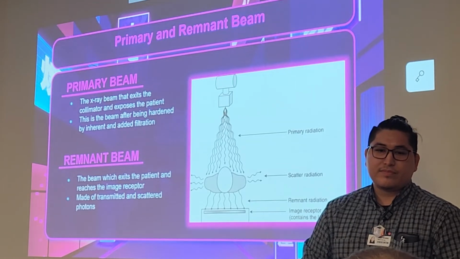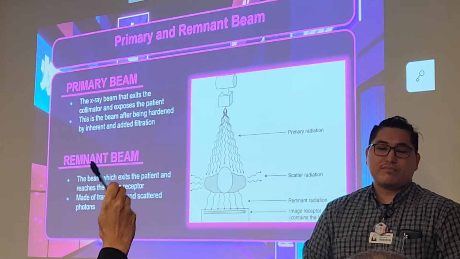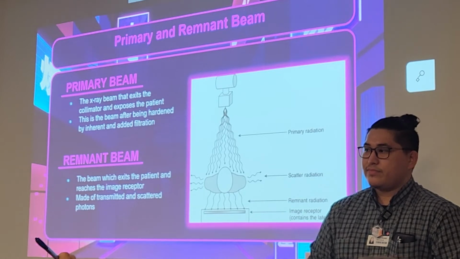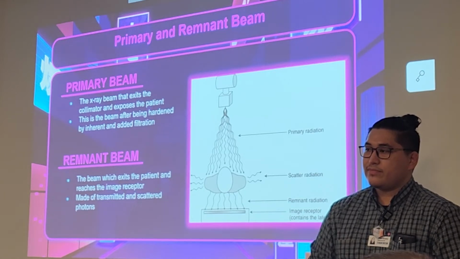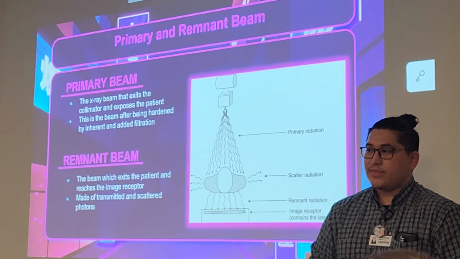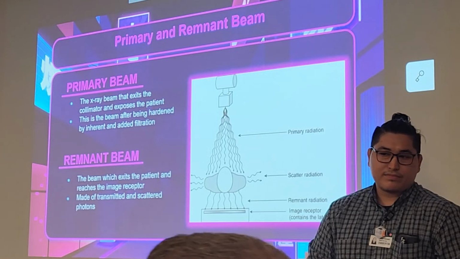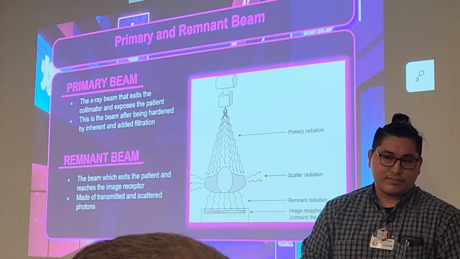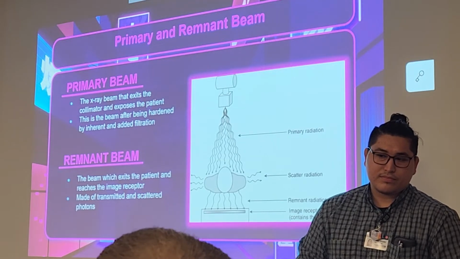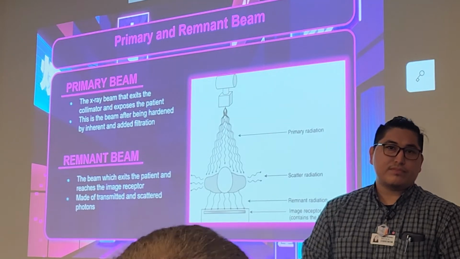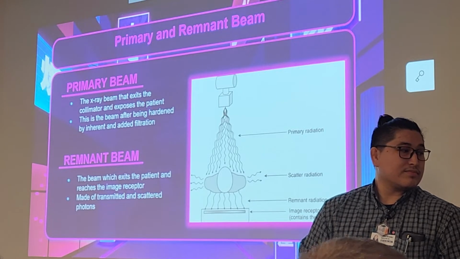So that's what we're actually visualizing. So some get absorbed, and then the ones that are transmitted out will be the remnant. Correct. What I read was that what hits the IR is the remnant beam, but what does not hit the IR is scattered. All right, so let's clear this up.